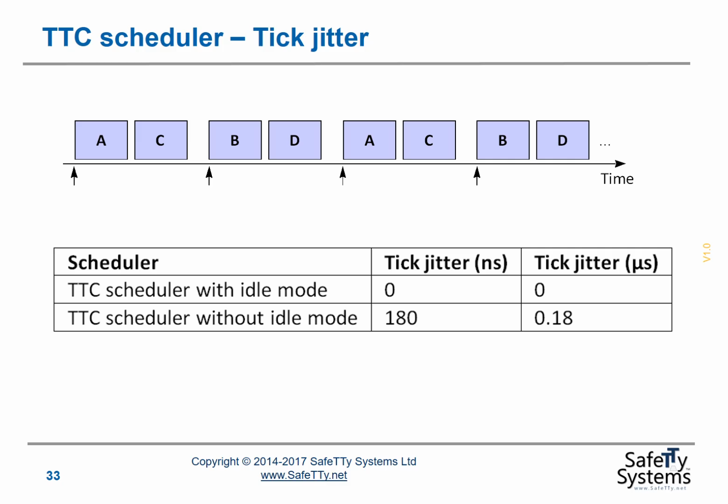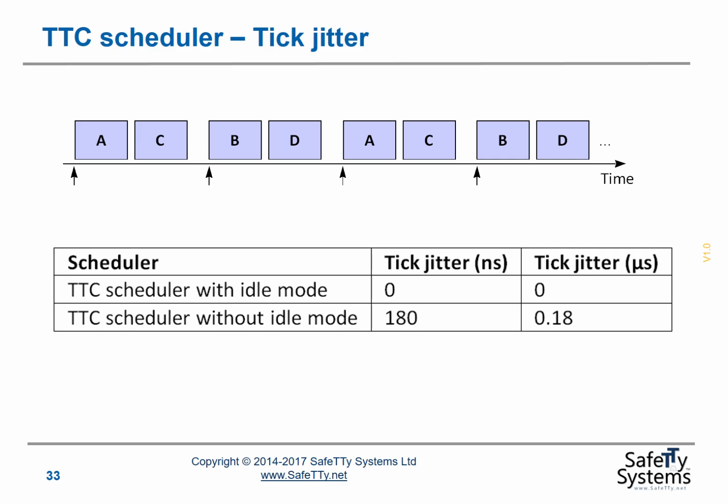Let's consider another factor here. We've said that if we use an RTOS, we're making an assumption that the deadline is equal to the period, and we may have a high level of jitter in our task timings. So what happens to the task jitter levels in our TTC and TTH schedulers? This is a review of data that we've seen previously.